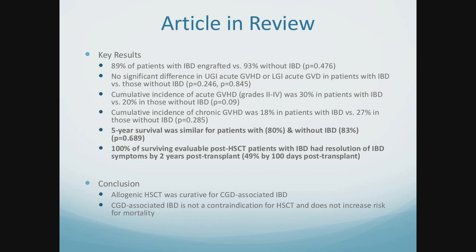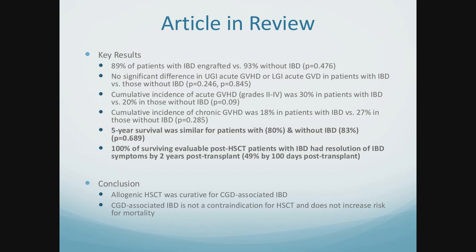So definitely a trend, but not statistically significant, and I think some of those are pretty much on par with other transplant patients in general. The cumulative incidence of chronic GVHD was 18% versus 27% in those without IBD, which was kind of interesting. Again, a trend, but not statistically significant.